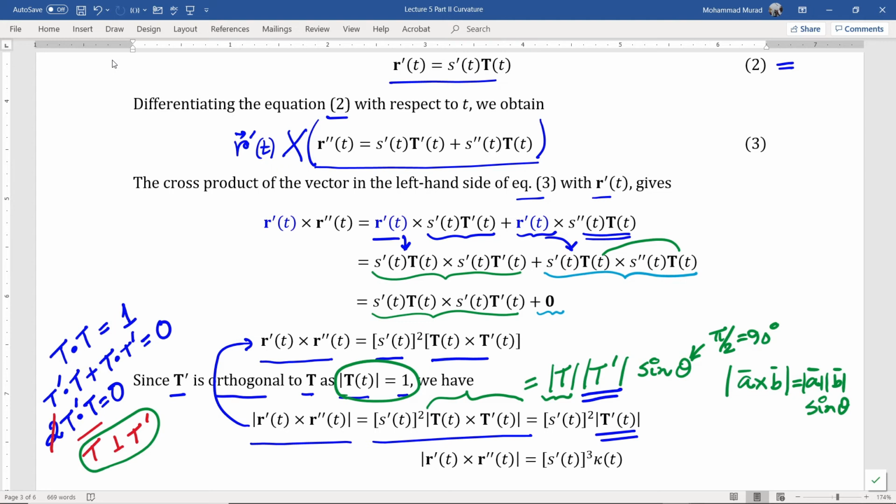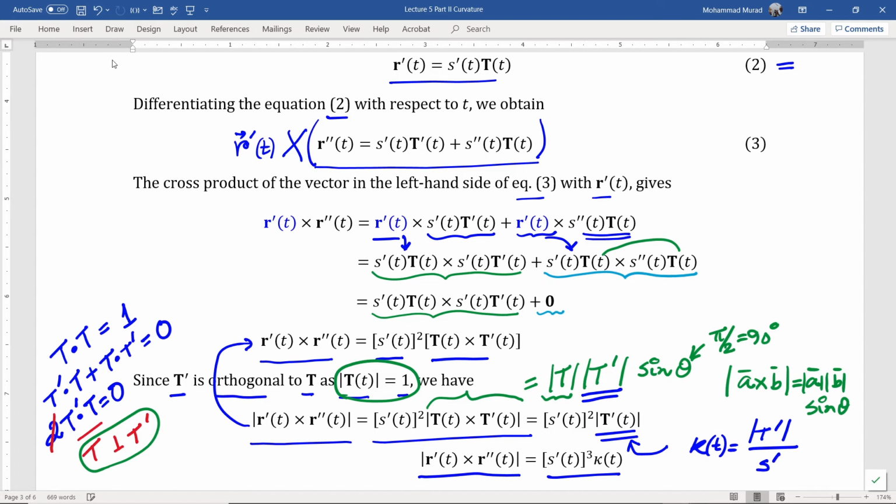And then we have the magnitude of r prime cross r double prime from the left hand side equal to this quantity here. This is obtained just by applying the definition of kappa, the curvature, which is the magnitude of t prime over s prime.